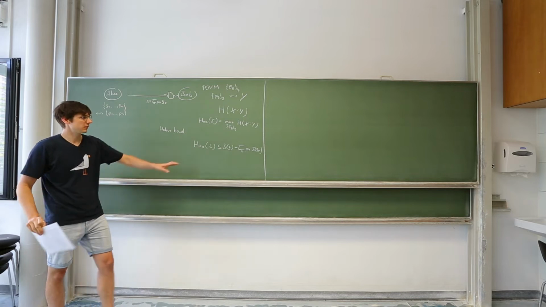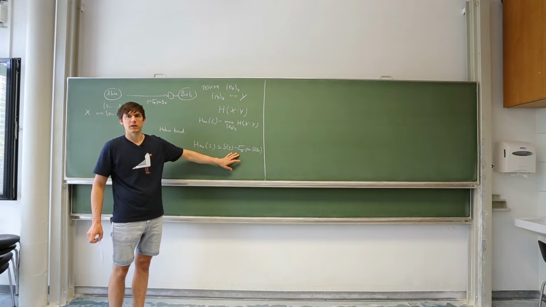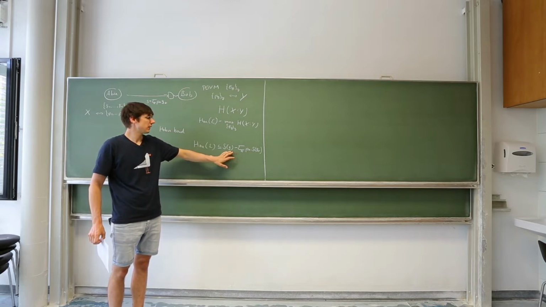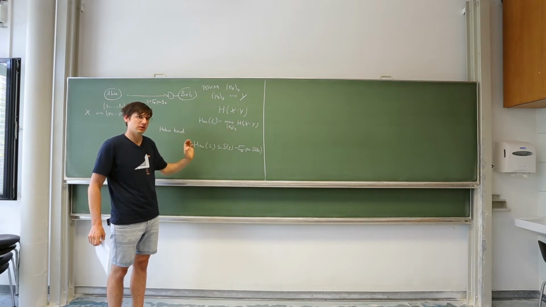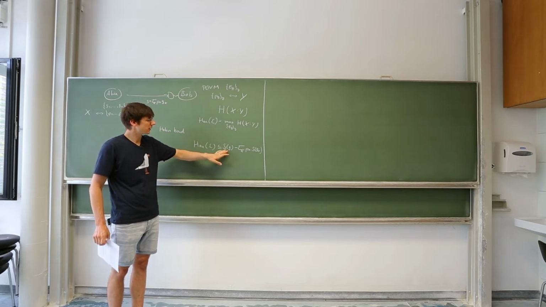Right? So with this, we now have an upper bound which we can easily evaluate, because we have the upper bound in terms of von Neumann entropies, and we have no maximization anymore. Okay? That doesn't mean that the upper bound is always tight, but in some instances it is tight.